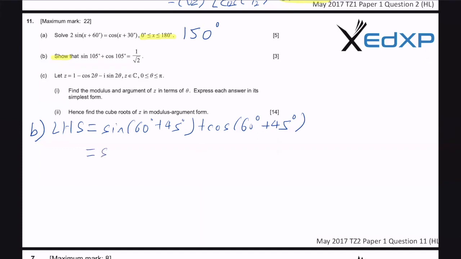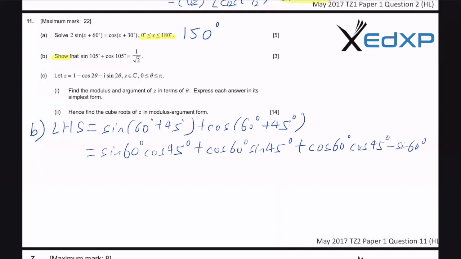Sin(A + B) is sin A cos B plus cos A sin B. And cos(A + B) is cos A cos B minus sin A sin B. Sin 45. And these are special angles.